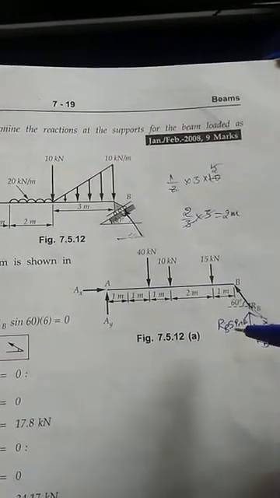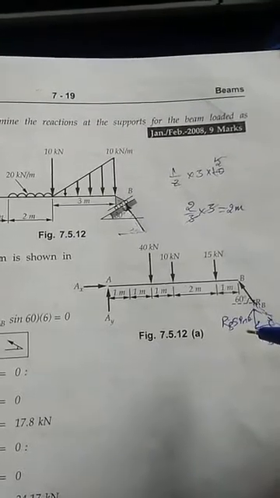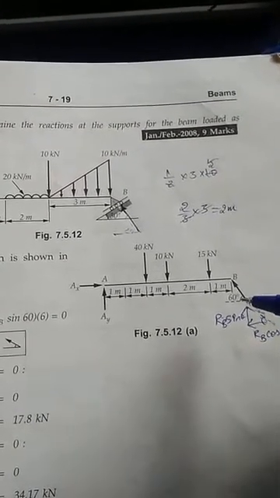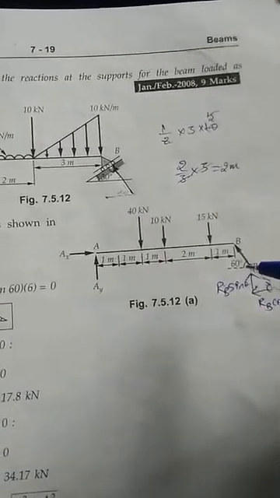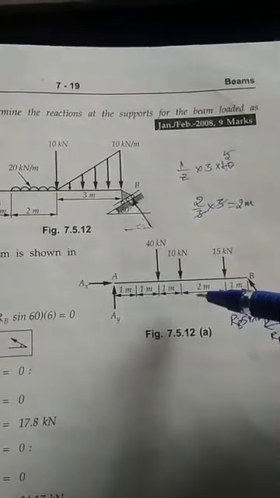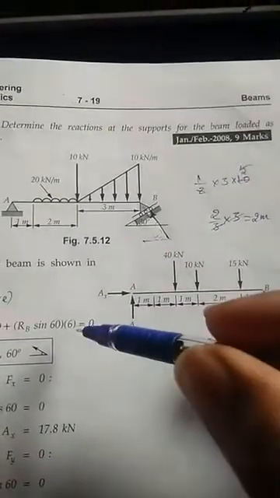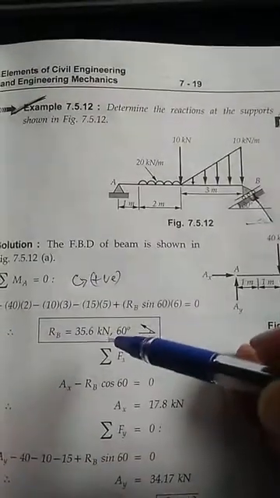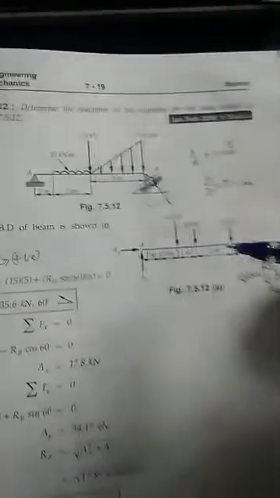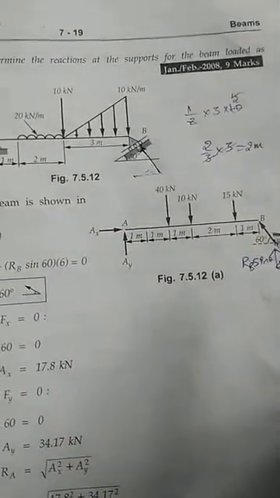Don't take this one, you take only RB sine theta, which is RB sine 60 degrees. The angle is already known, it's 60 degrees. RB sine 60 into the distance of 6 meter. If you simplify this, finally you will get RB equal to 35.6.